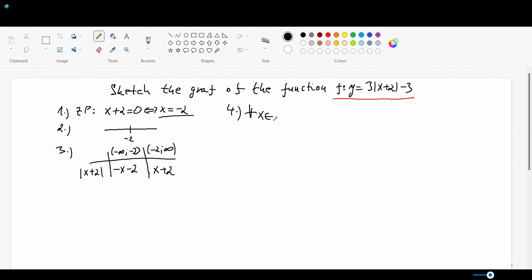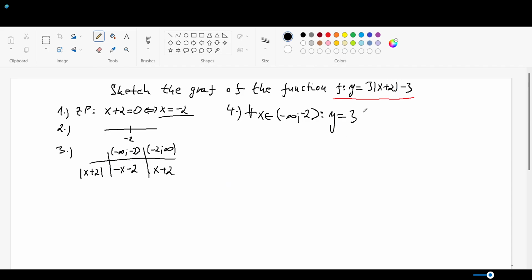So our function for each x from the interval -infinity to -2 will be defined by the equation y equals 3 times... And now what do we do? We replace this absolute value with the expression we found that represents our absolute value.